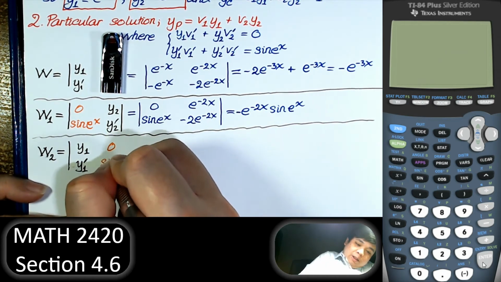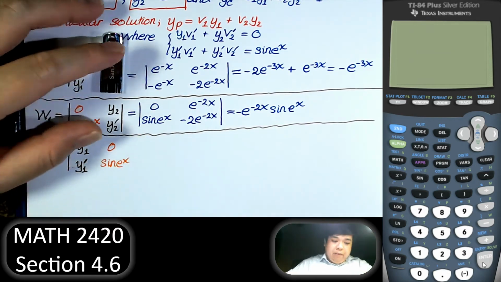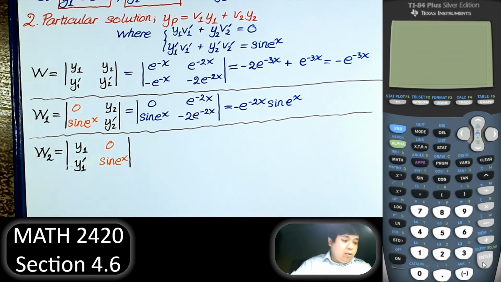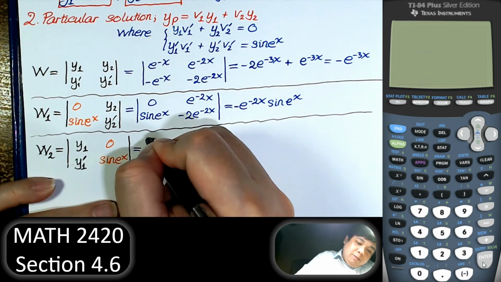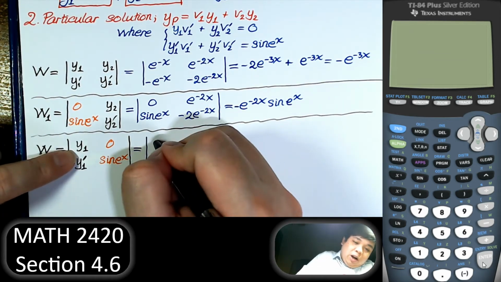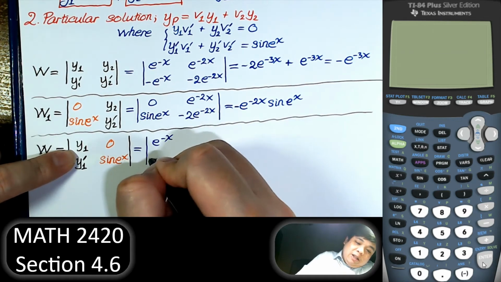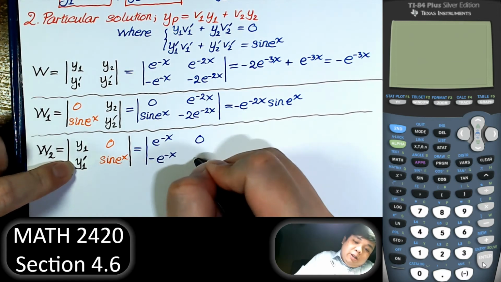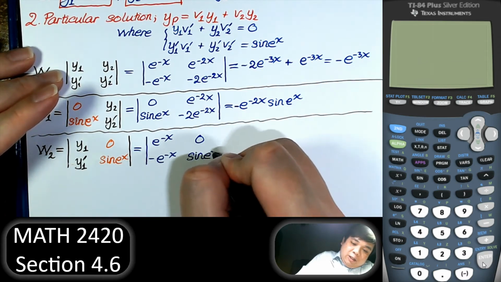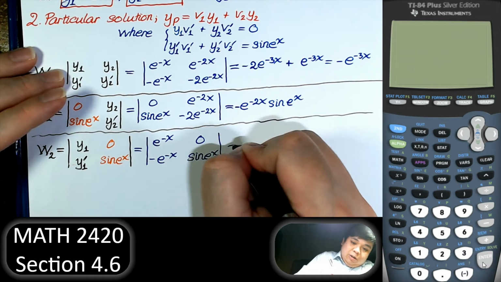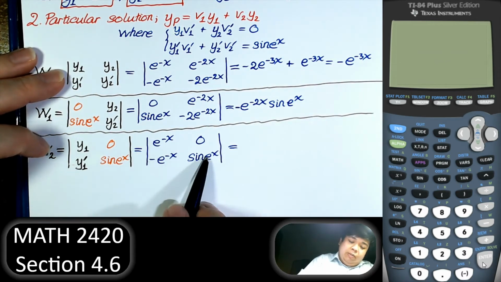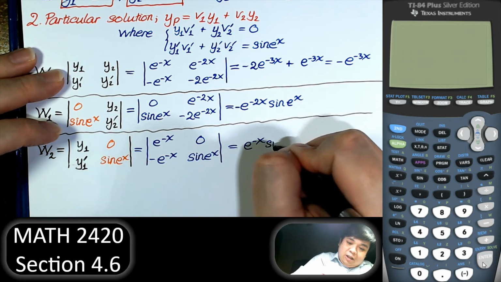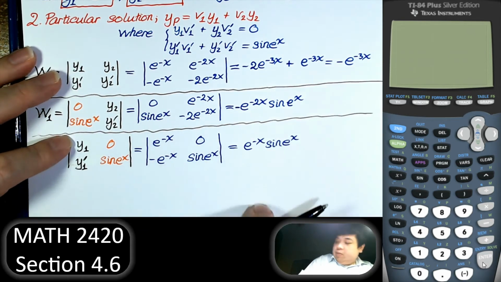Y1 is e to the negative x, negative e to the negative x is y1 prime, the last column is 0, sine of e to the x. Determinant: multiply that, e to the negative x sine of e to the x.